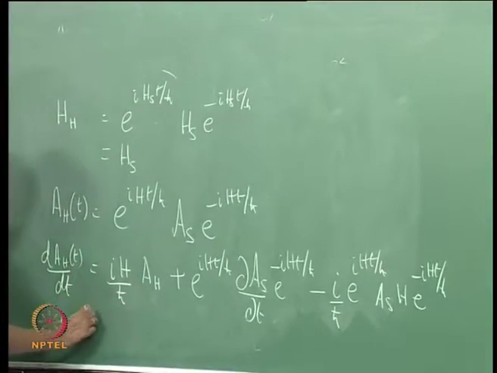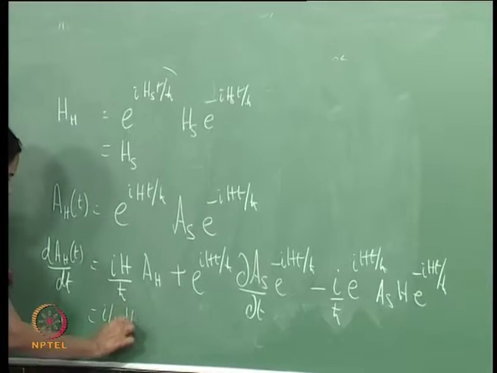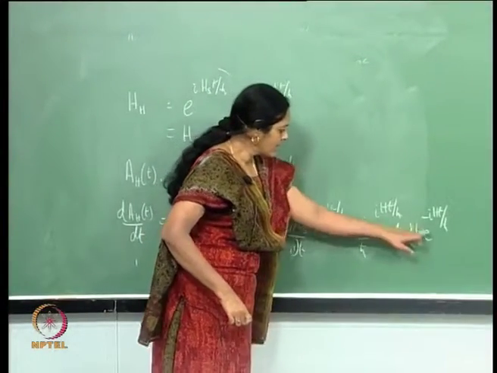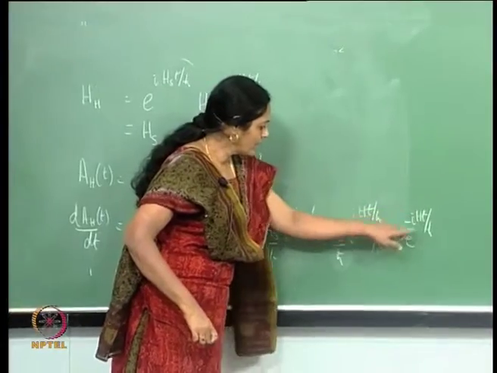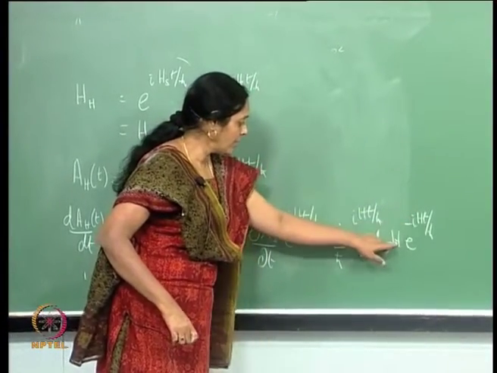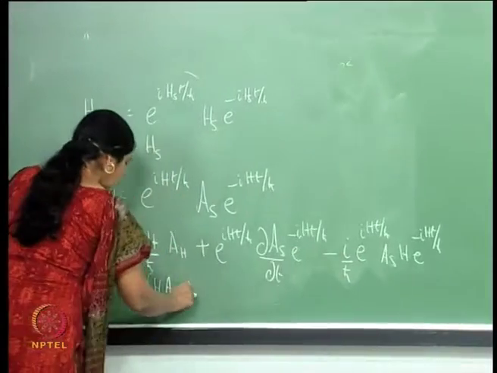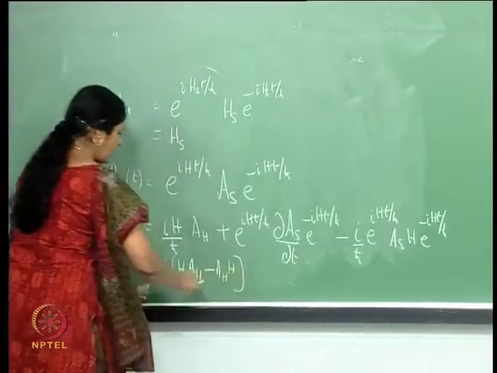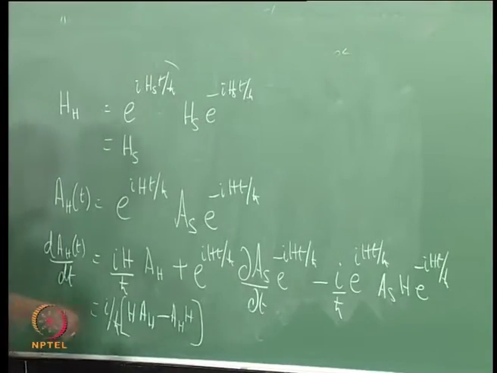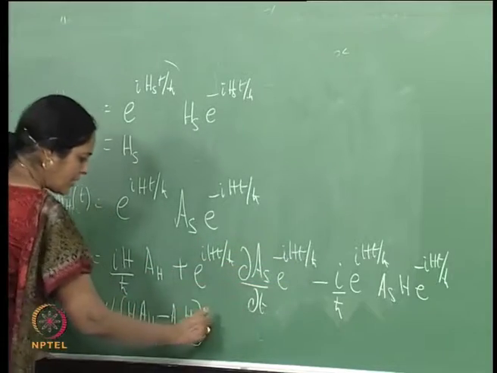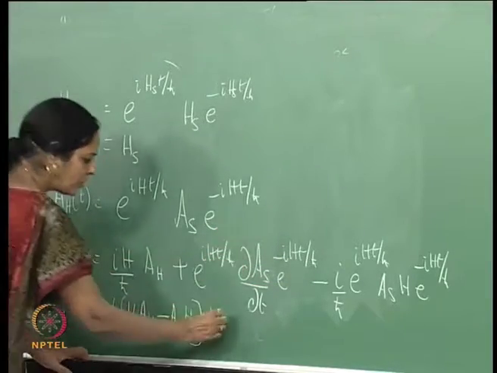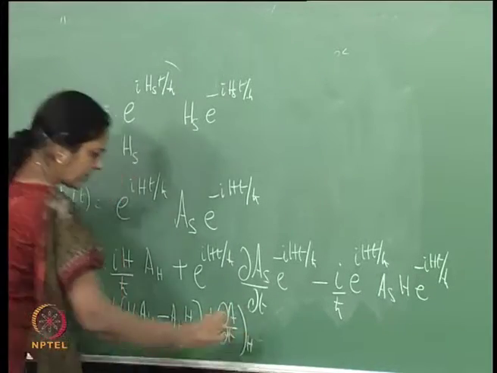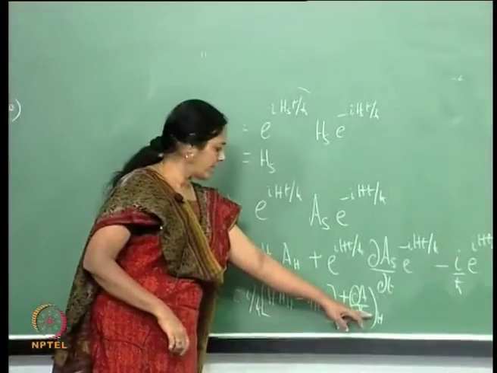So, therefore, this is i by h cross H A H minus, notice that this object commutes with H, the same thing out there, and therefore, that term can be written as minus A H H. So, I have a commutator plus this quantity, I am going to refer to this quantity as delta A by delta t in the Heisenberg picture. This is a notation that I use.